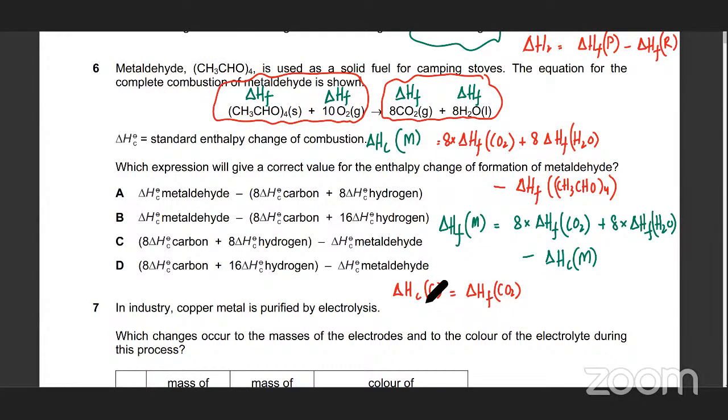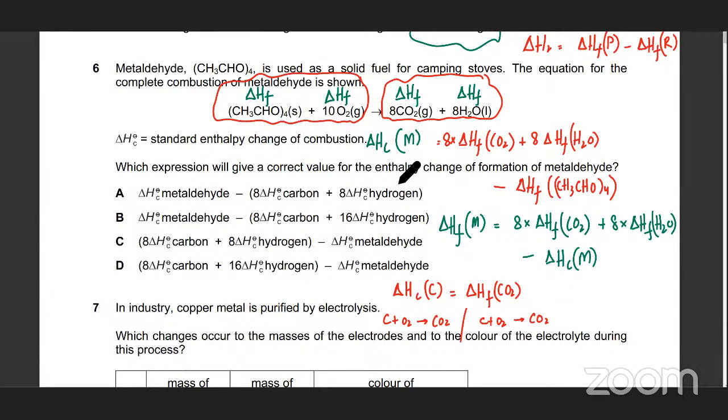Why? Because what is enthalpy of combustion of carbon? You burn 1 mole of carbon in oxygen and you get carbon dioxide, right? So that's the enthalpy of that reaction. What is enthalpy of formation of carbon dioxide? You form 1 mole of carbon dioxide from its elements, carbon and oxygen. Enthalpy of combustion of carbon is C plus O2 gives CO2. Enthalpy of formation of CO2 is making CO2 from carbon plus O2. So they're exactly the same reaction.